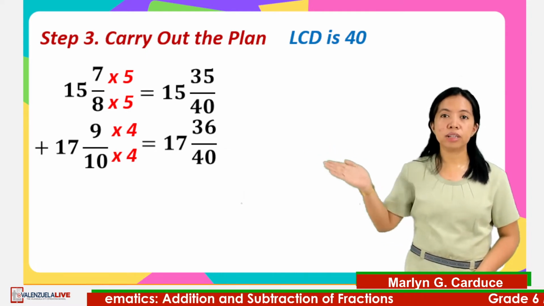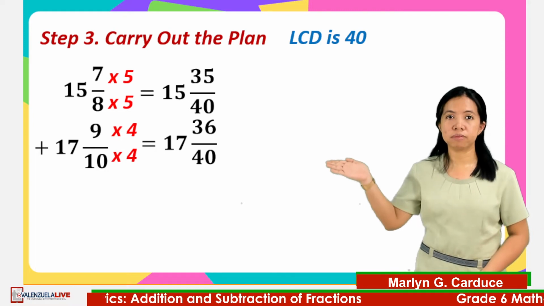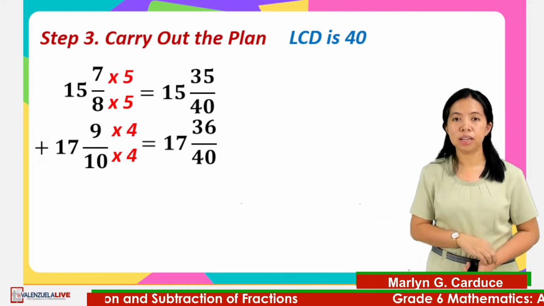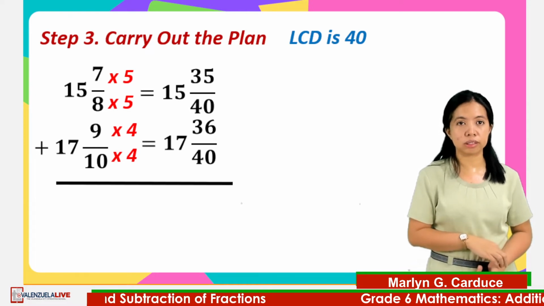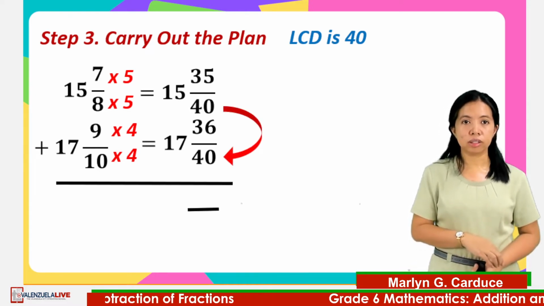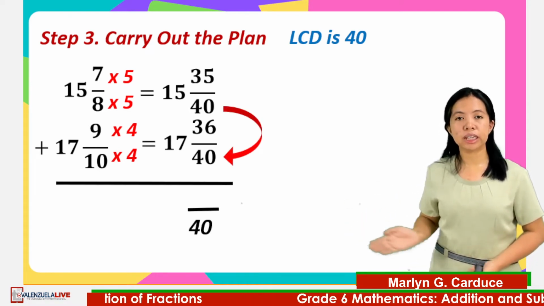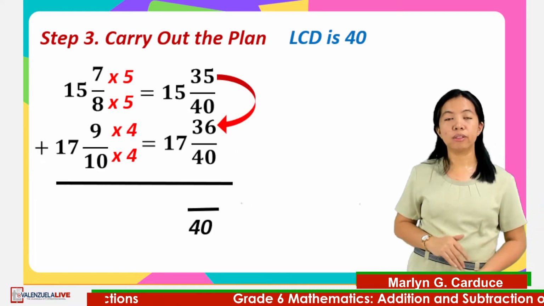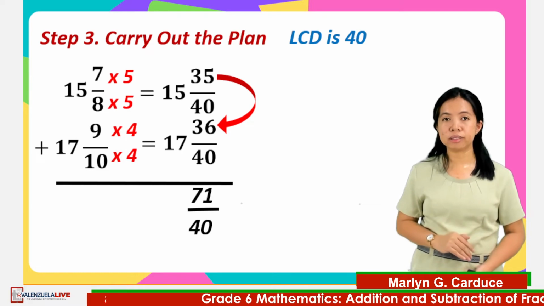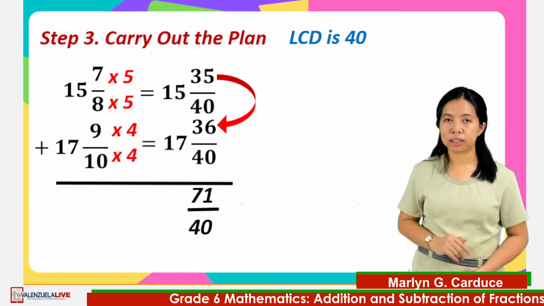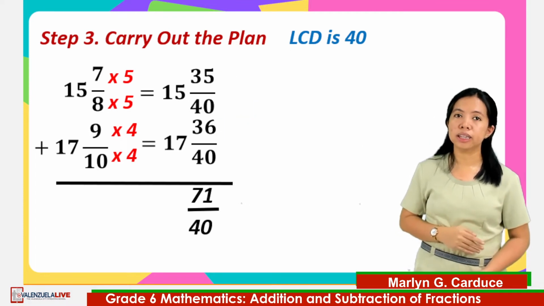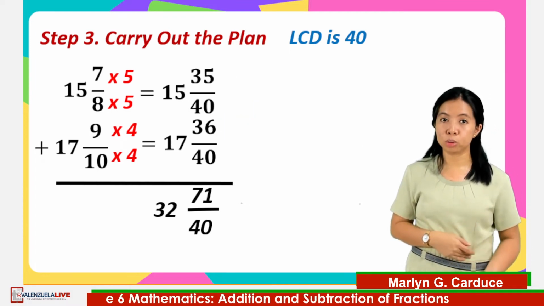So the equivalent fraction of 17 and 9/10 is 17 and 36 over 40. So this time, let's add the fractions. Let's write down first the common denominator 40 and add the numerators. 35 plus 36 is 71. And then the whole number part, 15 plus 17, the answer is 32.